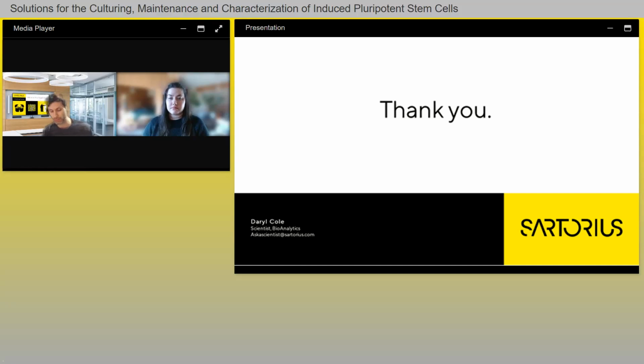In a very similar vein to what we've talked about in the webinar, you would take your cells during the differentiation process and stain them for different markers that you would expect to see during that differentiation. Then you can analyze that and ensure that your cells are being directed towards the correct lineage that you're looking for.